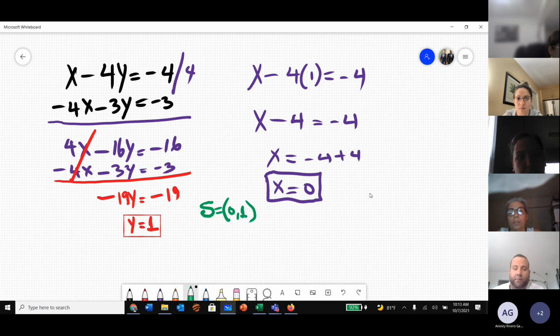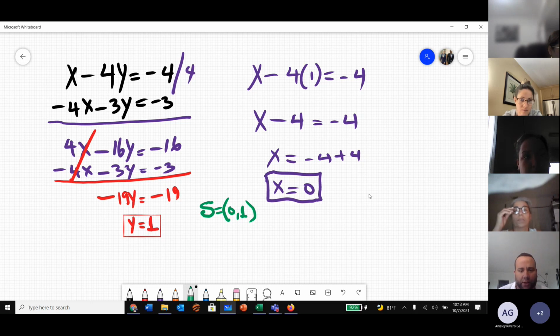That's my question. I'm asking that first to all of you. What do you think? Do you have a solution on this system of equations? Yes, that's the solution. 0, 1 is the point.